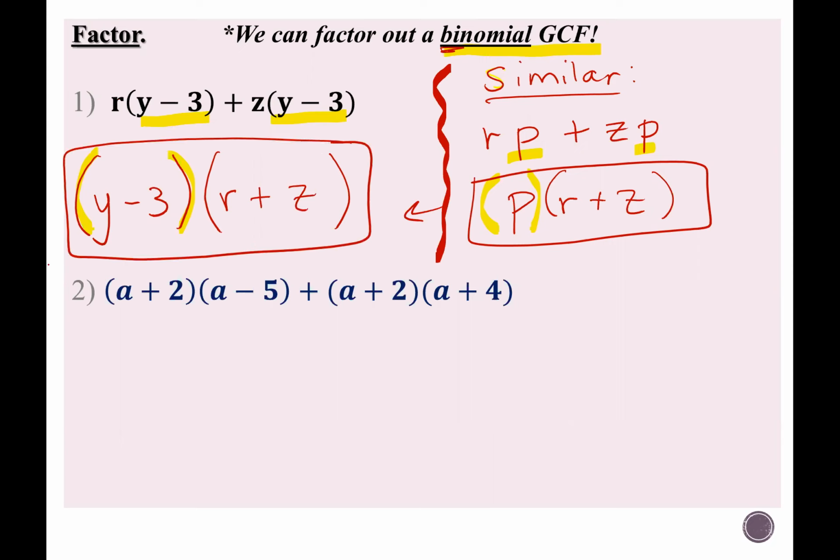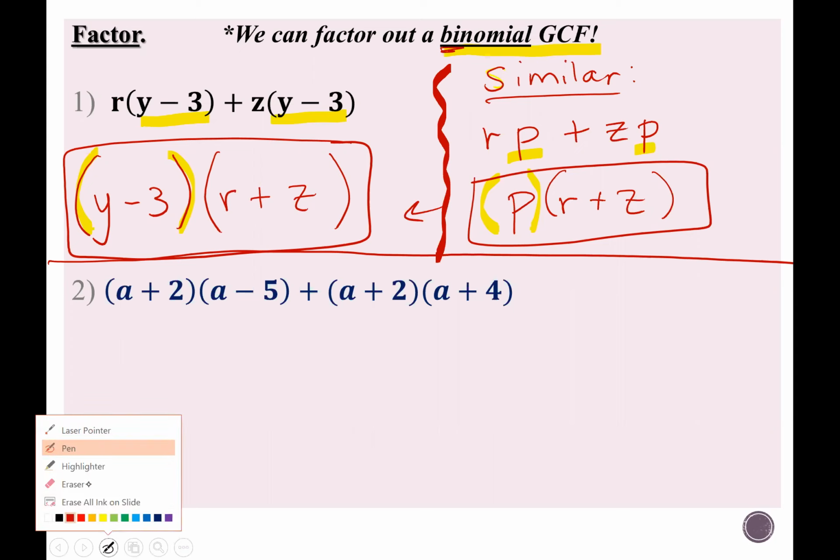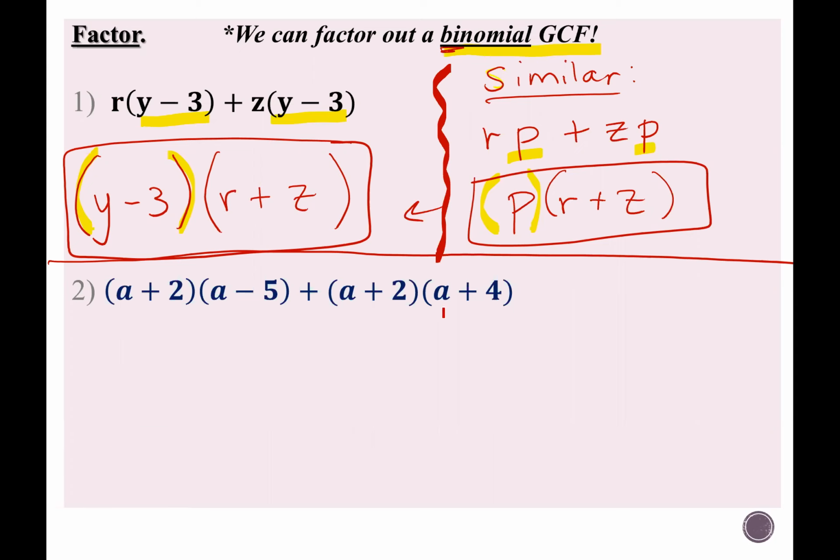Okay, so that's different. We kind of just leveled up from the problems we were doing before. Number 2 is similar. See if you can tell this time what's the GCF. A plus 2, a minus 5, plus a plus 2, a plus 4. Think of this plus sign as kind of separating the problem into 2 different, really big expressions here.